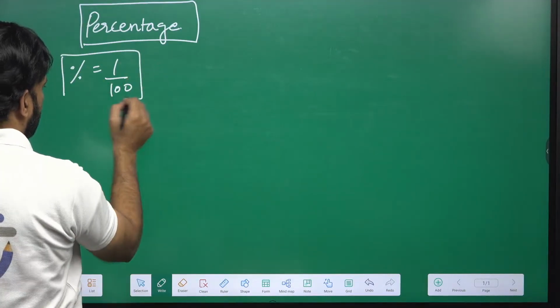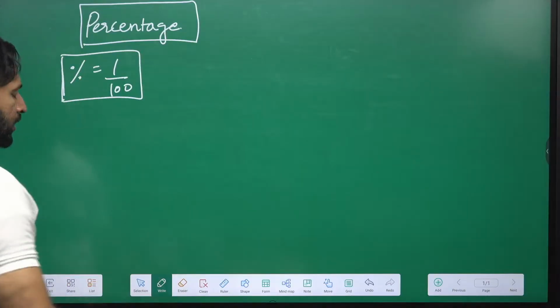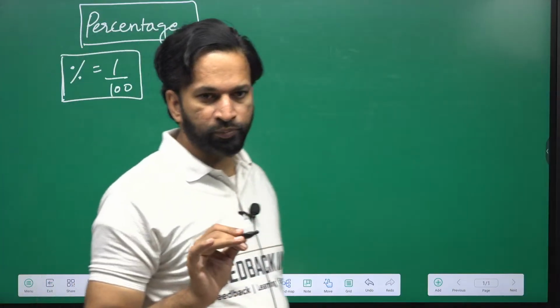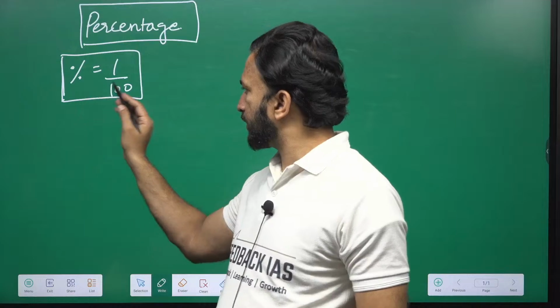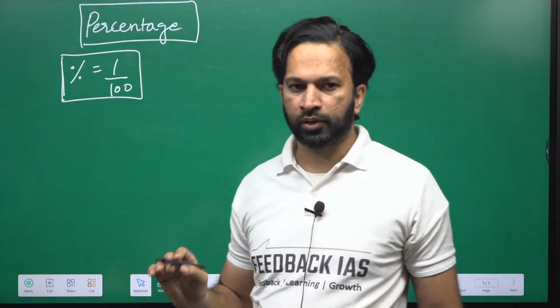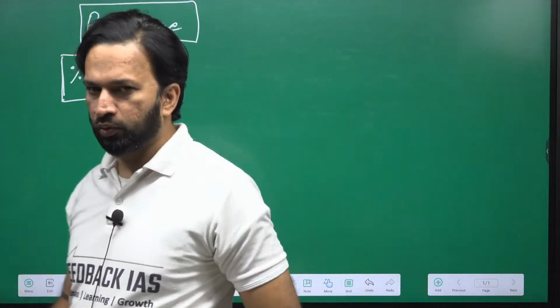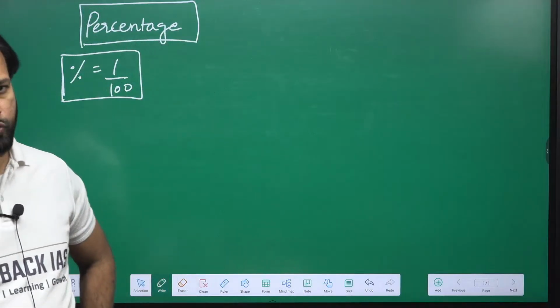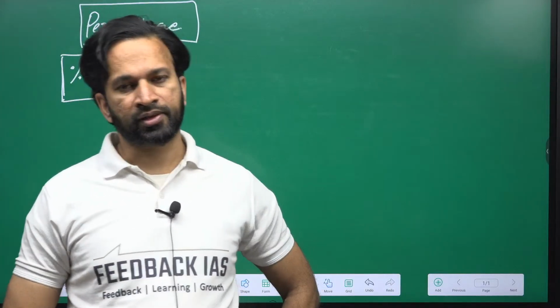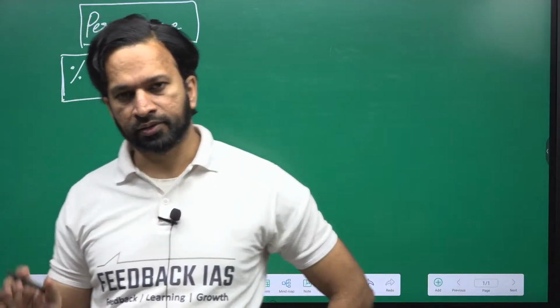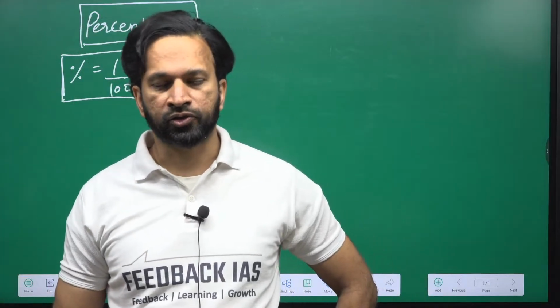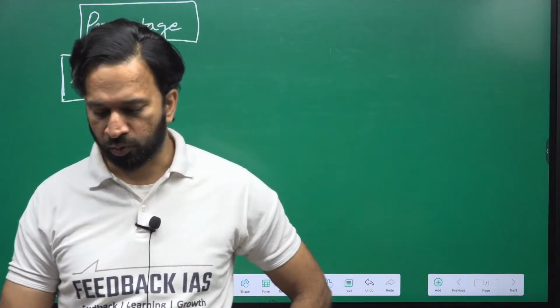This is the fundamental basic of percentages, that percent equals 1 upon 100. You need to remember this. So we were discussing various types of questions asked in the percentage topic.